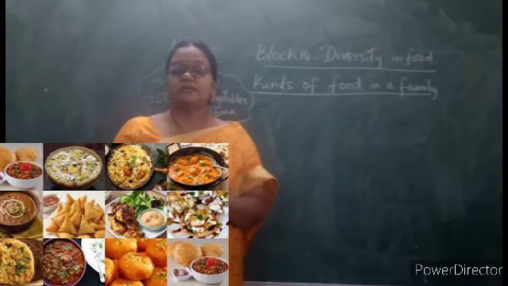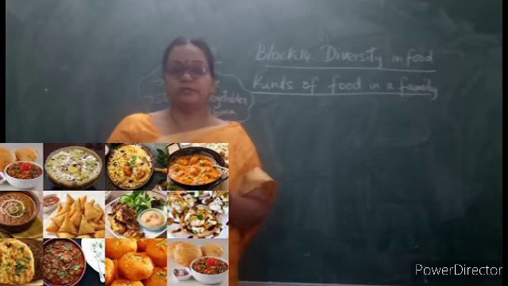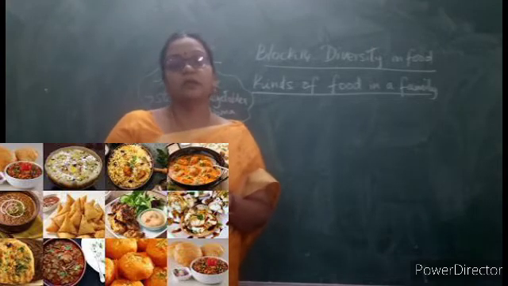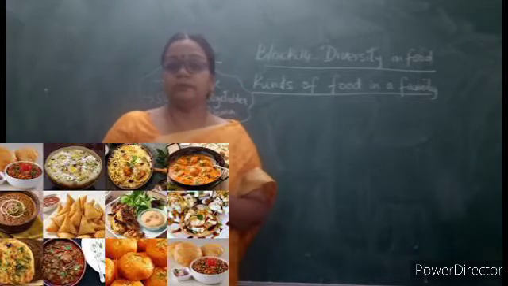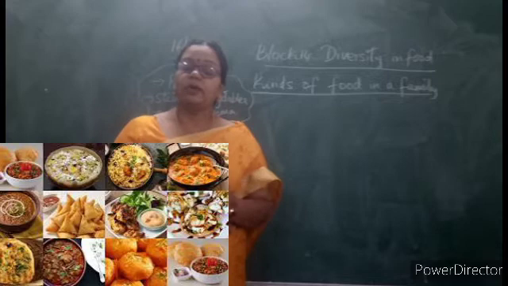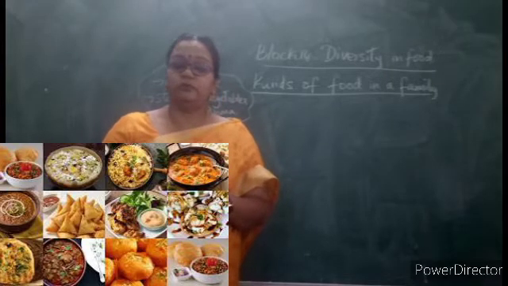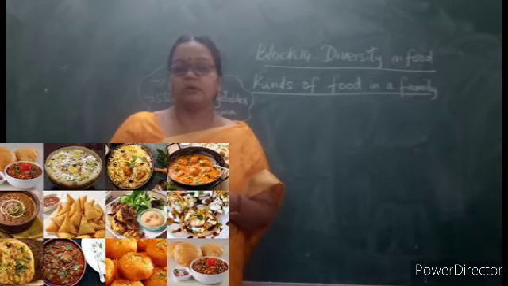Then later we discussed how there is diversity in food in various countries. We took 4 countries as an example: England, China, Greece and Italy. We learned about their famous food items and how nowadays so many different varieties of food from other regions are also popular throughout the world.